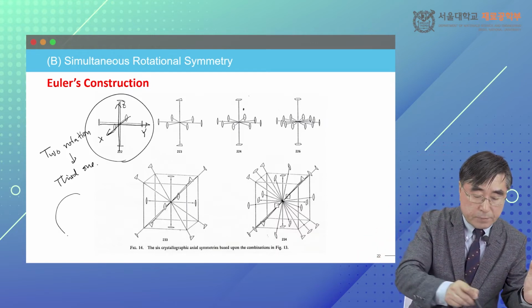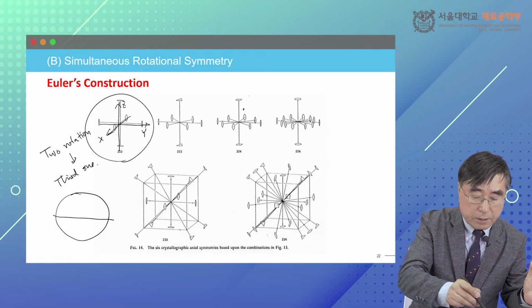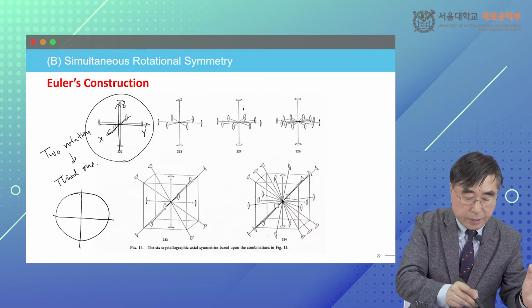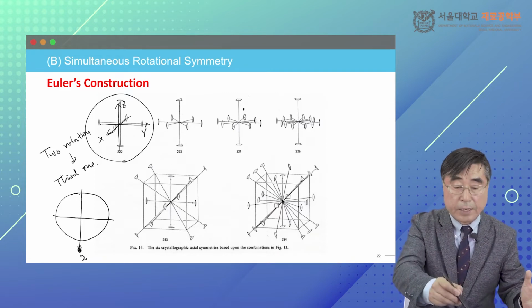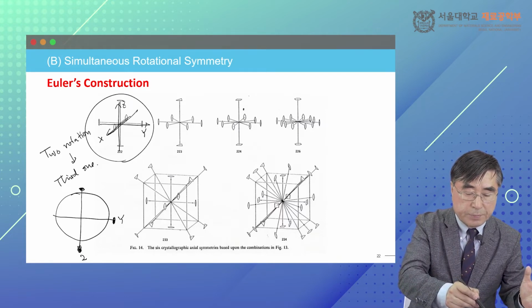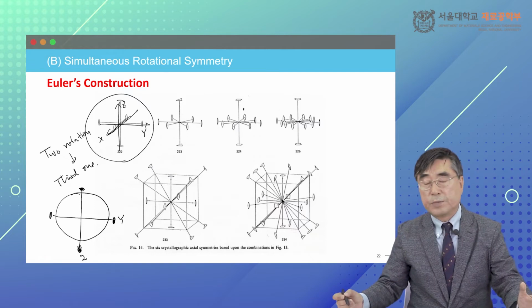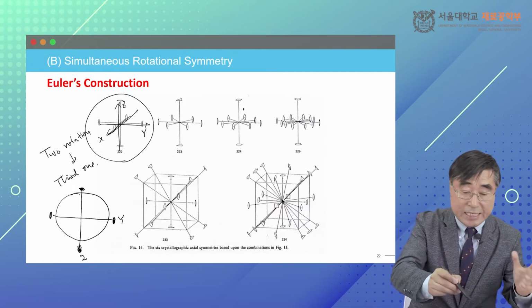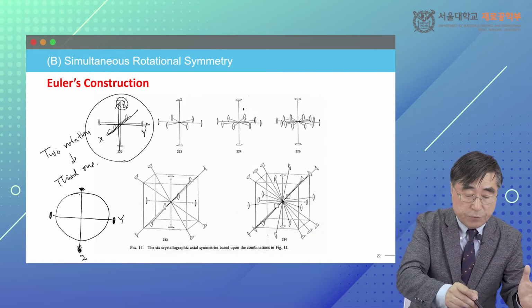Okay, this is the stereographic projection. I know that this X-axis has twofold symmetry. This Y-axis has twofold symmetry. So X is penetrating, so there's twofold symmetry here. Now the Z-axis also has twofold symmetry, and these should be perpendicular to each other.